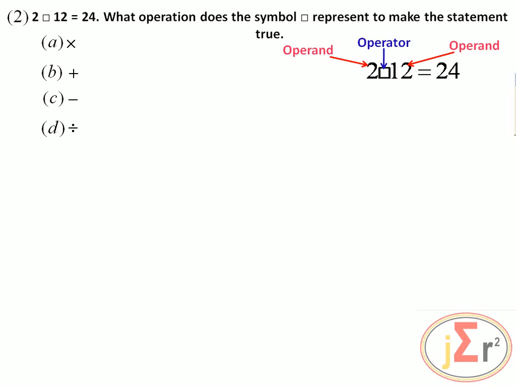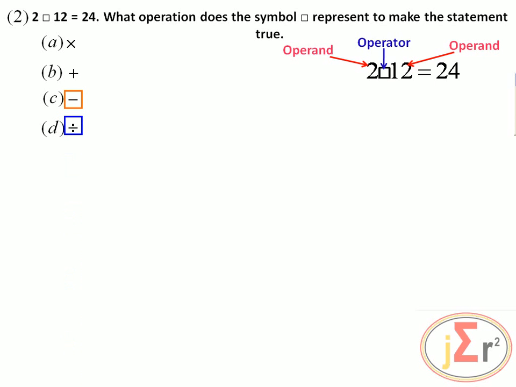What operation does the symbol blank represent to make the statement true? What should go right here, Jerry? 2 times 12. Right, so that's 2 times 12 is equal to 24. Therefore, the operation that should go there is multiplication.